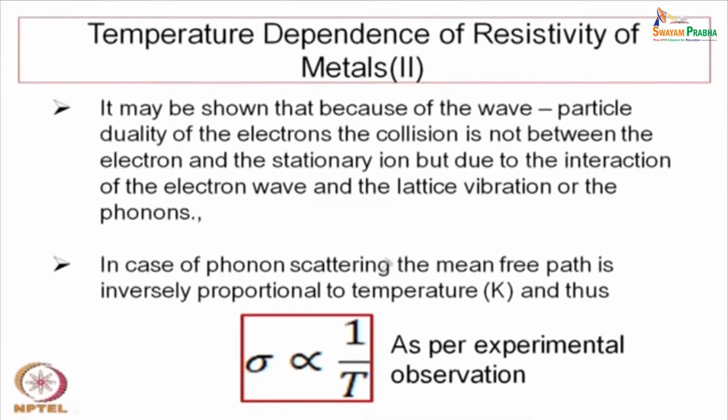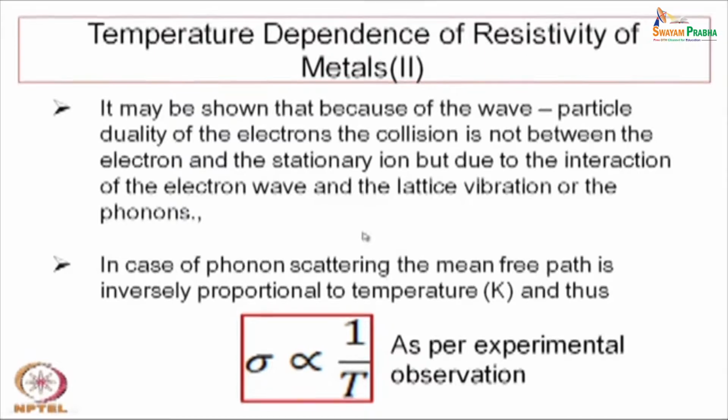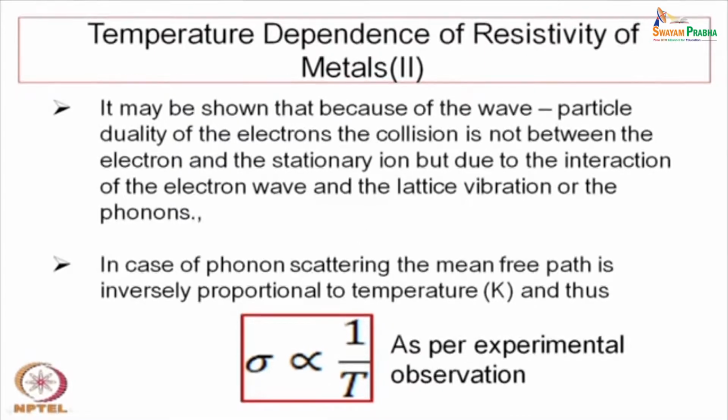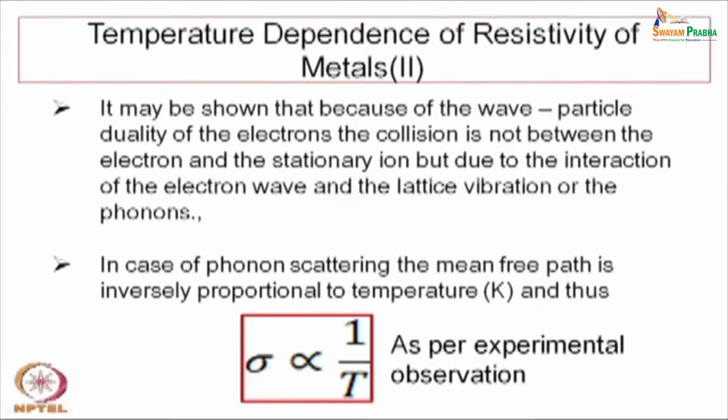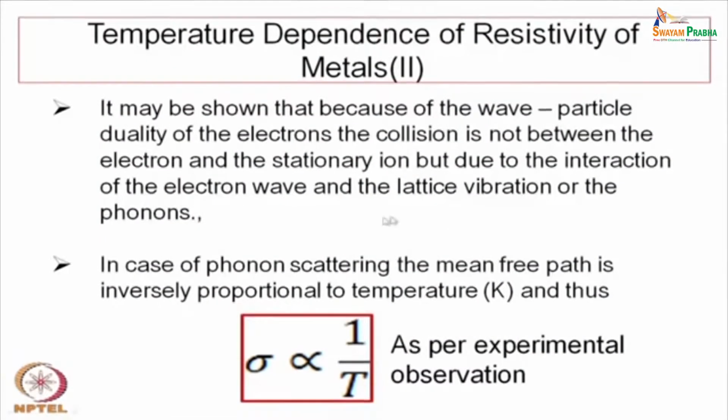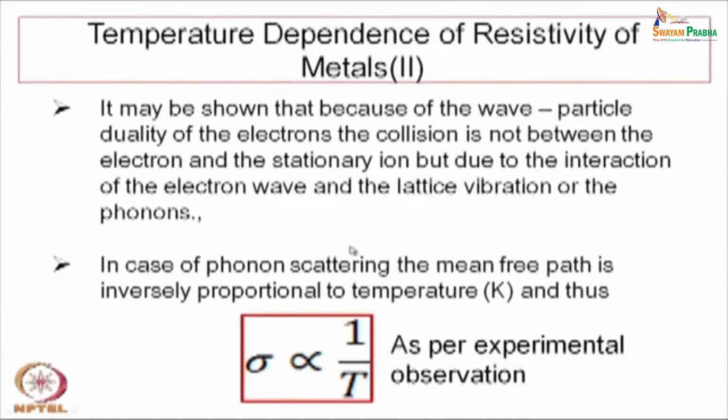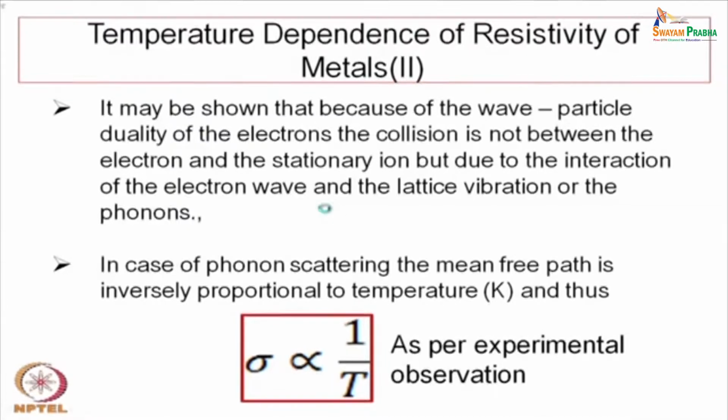So far as this particular aspect, the temperature dependence, is concerned, the free electron theory is certainly satisfactory, and one can explain that the conductivity will decrease as a function of temperature, or in other words the resistivity will increase as a function of temperature. So far this is useful, but it also has its limitations. We will also see what its limitations are.